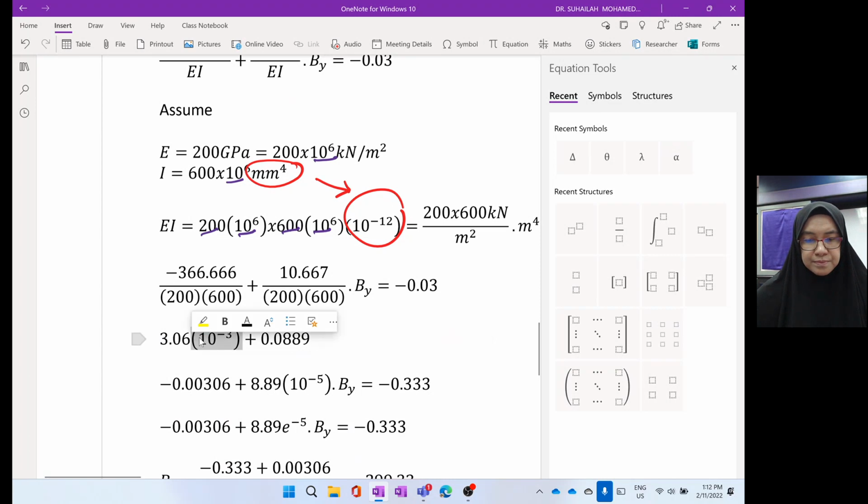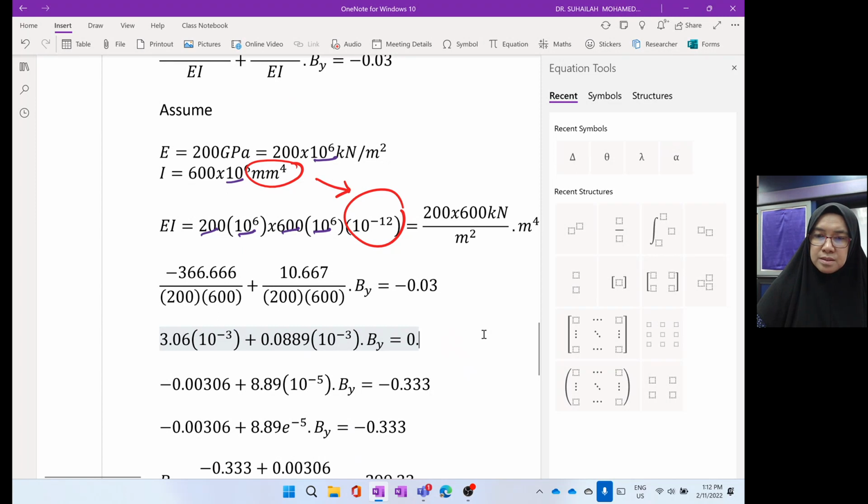So yang ni BY. Sini equal to negatif. So now BY is negative 0.03 plus 3.06, exponent negative 3. Ni depan negatif kan?